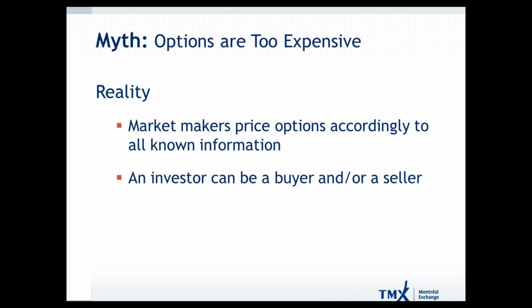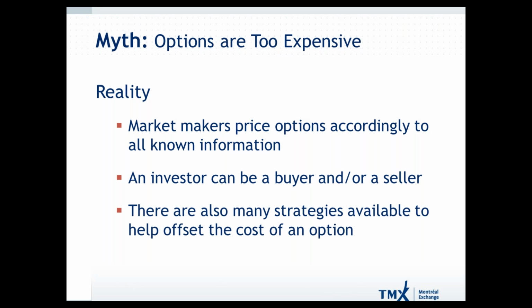And so, as an investor, you can be a buyer and or a seller. There are strategies that allow us to help offset the cost of an option contract. If I look at the implied volatility associated with an option contract and it appears low relative to the market or to the stock, then I may want to be a buyer.